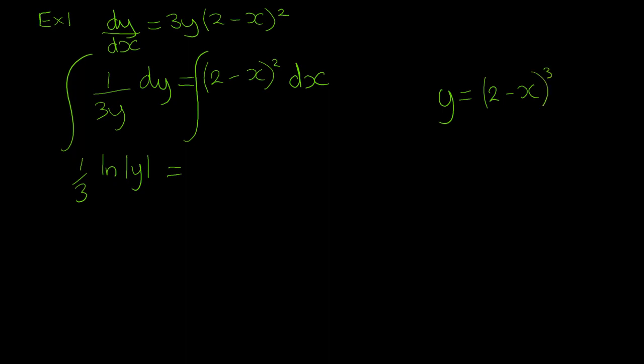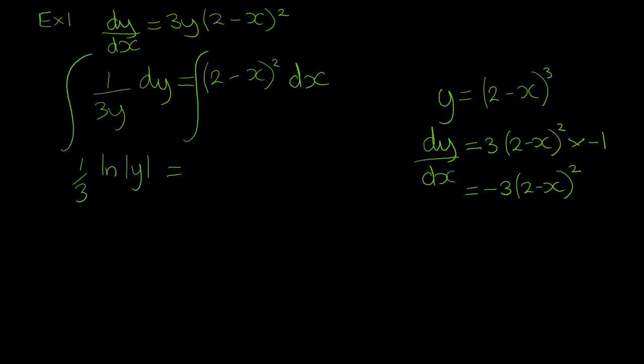So let's differentiate that and see what adjustments we might need to make to get it exactly right. If you differentiate this using the chain rule, you'd get 2 minus x squared, and then you have to differentiate what's in the brackets, which would give us a -1. So that finishes up as -3, 2 to the minus x squared.